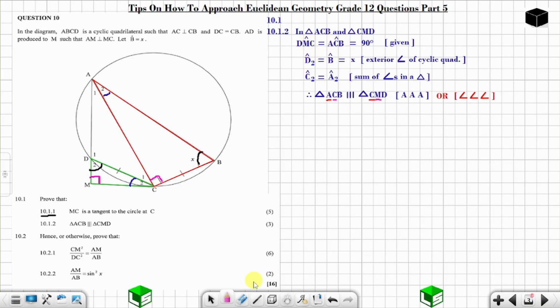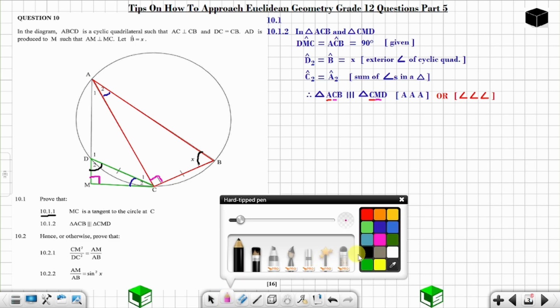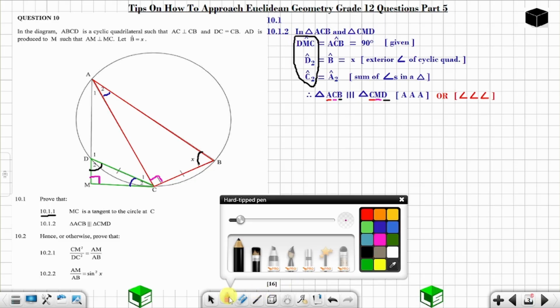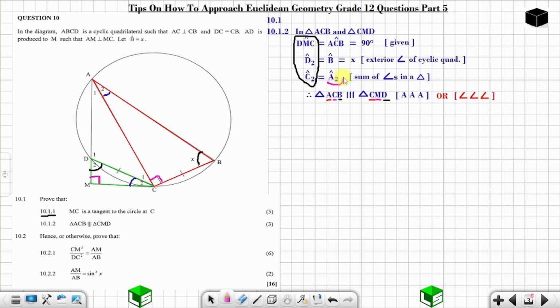And the angle at B is equal to the angle at D. Always respect the order. This is from one triangle, and this is from another triangle. I want you to see that.